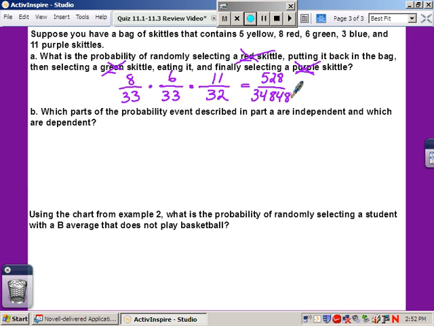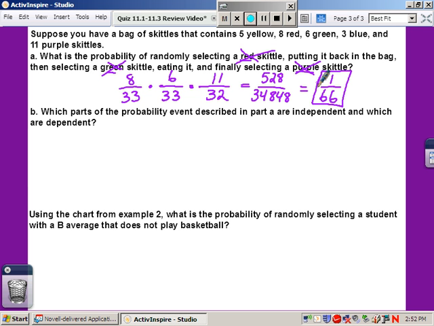So you can make it a percent if you want, or you can reduce the fraction on the calculator. That fraction reduces to 1 out of 66. So it means there's a 1 out of 66 chance of it happening the way that we set it up. Red, put it back in the bag, green, eat it, finally pick a purple one.